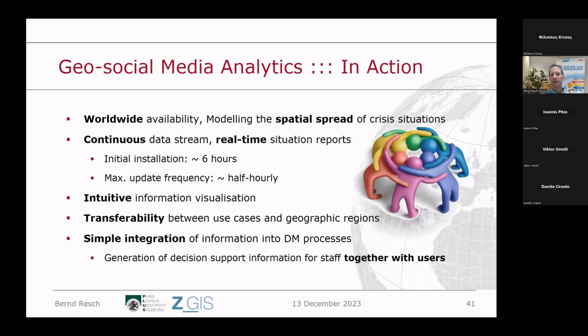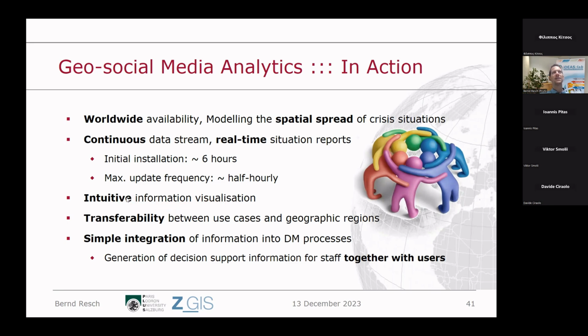And the maximum update frequency depends strongly on the data density. So for example, in the US, we have a lot of data, and we can do 5-minute hotspot analysis. Depending on where we are in the world, people post more or less, and this is why we have more or less data. We may drive this, for example, up to half-hourly in the update frequency.